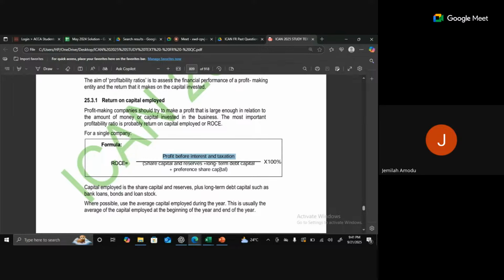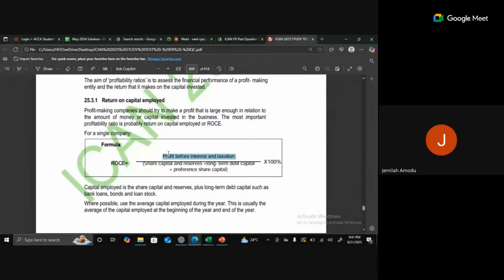You look at those things that were considered before arriving at the profit before interest and tax. We have revenue, cost of sales, operating expenses, finance costs. So an increase or decrease in any of those line items would lead to an increase or decrease in your return on capital employed, right?